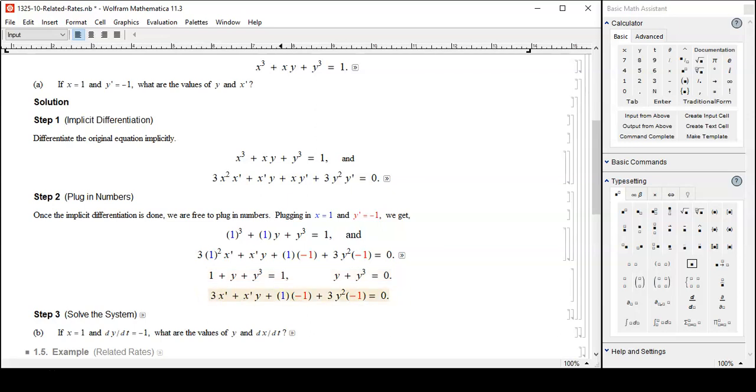Okay, 3x prime. And 1 times negative 1, that's minus 1. 3 times negative 1, so that's negative 3. Okay, that's right. Did I get everything right? Yeah, so this became that. This became this, and it eventually became that. All right, this and that.